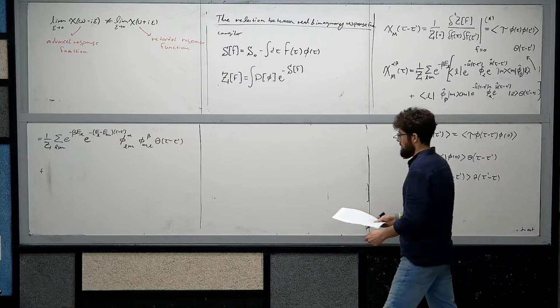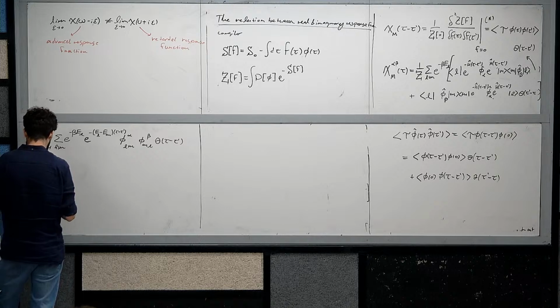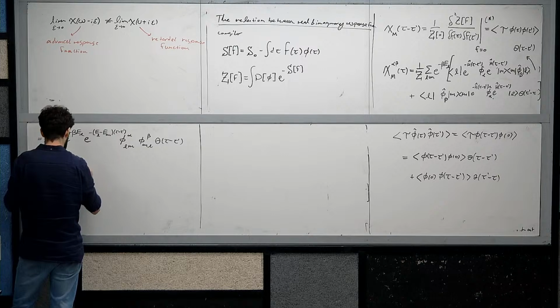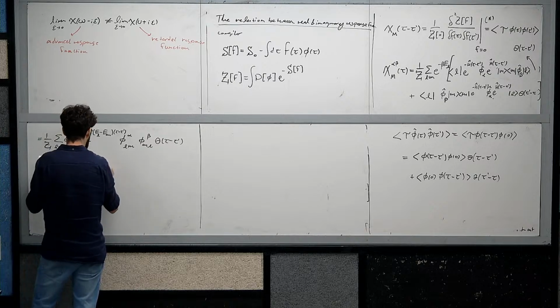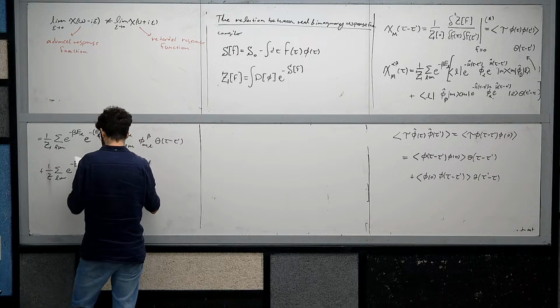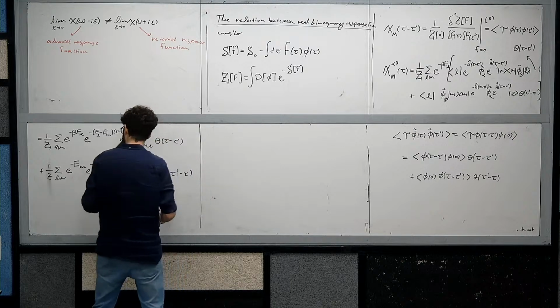Sorry for all that mess. This guy is 1 over Z, sum over. So here I've cheated.